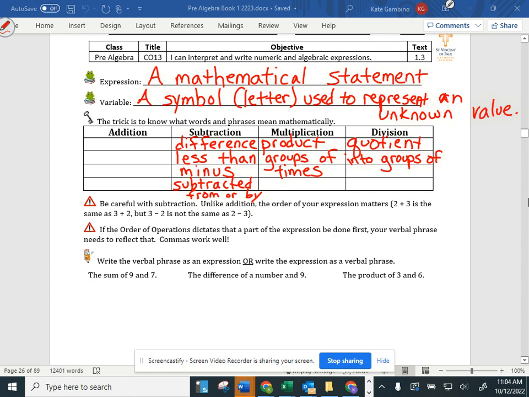Then we have addition. Tegan, sum. What other word is going to clue us in that we are adding? Audrey? Plus. What is another one, Hugo? All together. Gus?